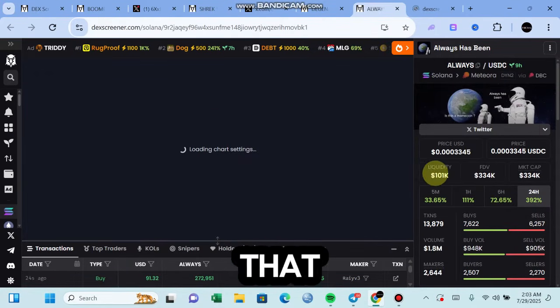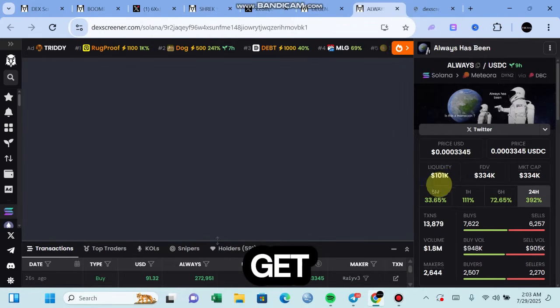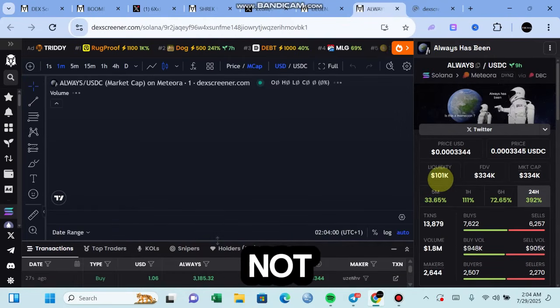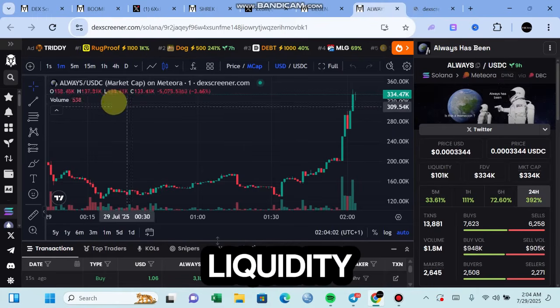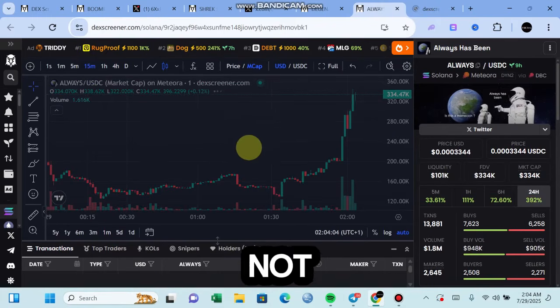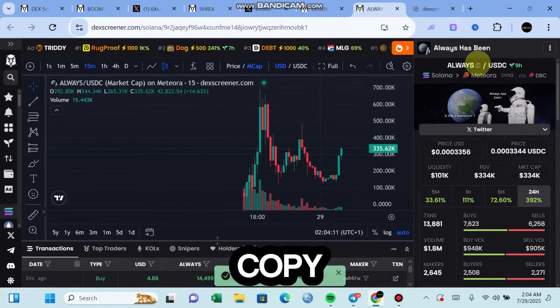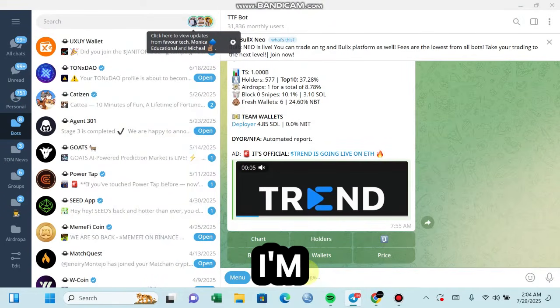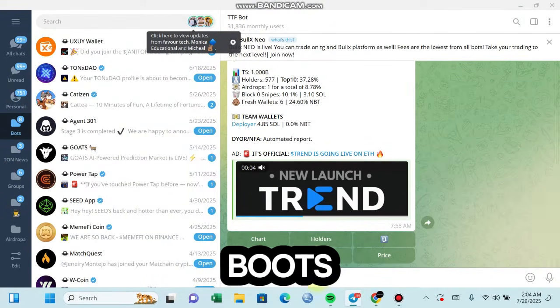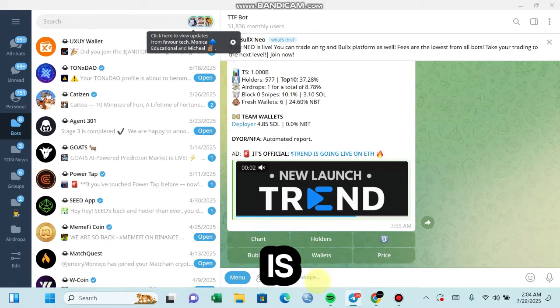As you can see, it doesn't show that liquidity is locked. If a coin's liquidity is not locked, you should not buy that particular coin. It's possible that liquidity is still locked, but Dexscreener has not updated it yet. So to check if liquidity is actually locked, we come back and copy the CA, then come over to Telegram. I'm going to make use of this bot called TTL bot to check if liquidity is locked.